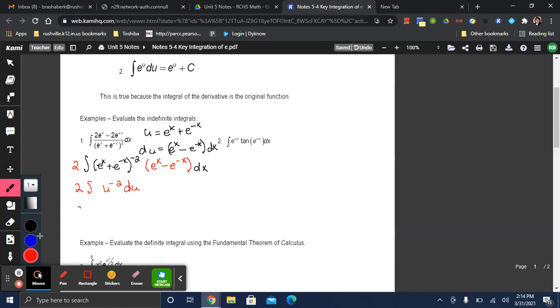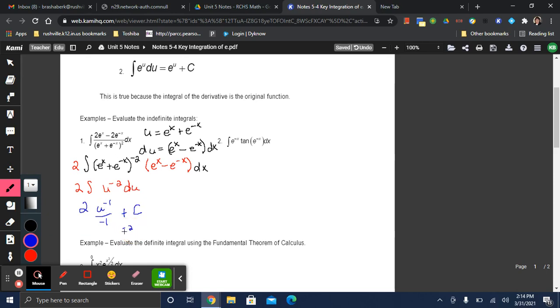So doing the integration, I would have 2 and then u to the -1 over -1. Remember to add on c, and then you can simplify and resubstitute, making your final answer -2.